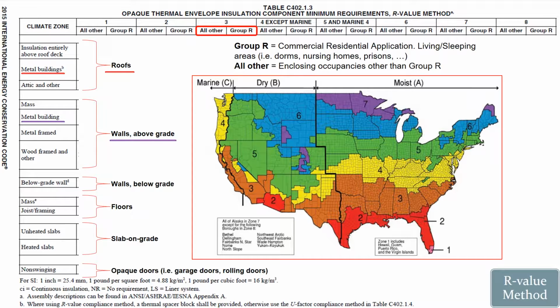Let's get to the left of the table. The insulation entirely above roof deck, metal buildings, and attic and other focuses in on insulation for roofs.